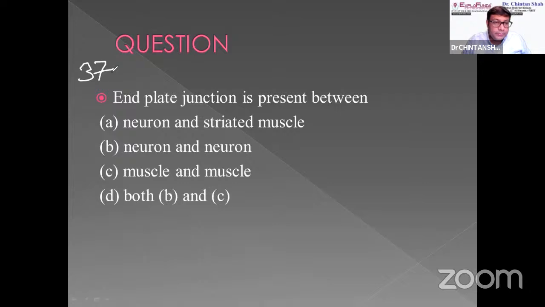End plate junction is present between what? Neuron and striated muscle, neuron and neuron, muscle, and both B and C. So very easy. 37, very easy.